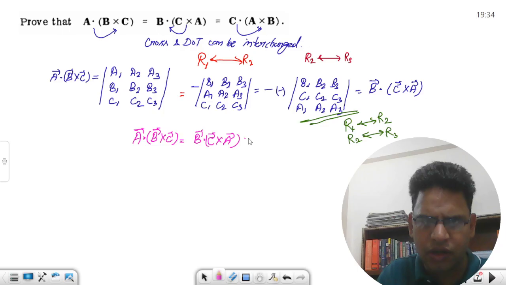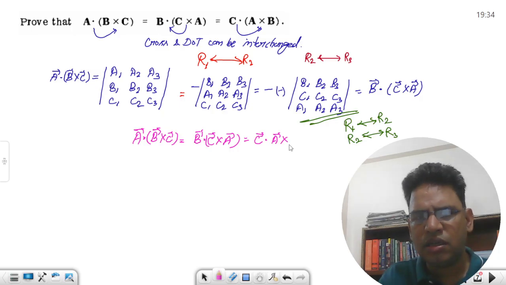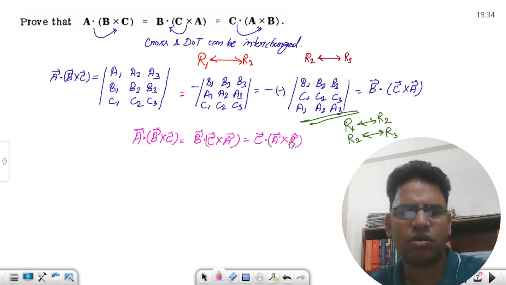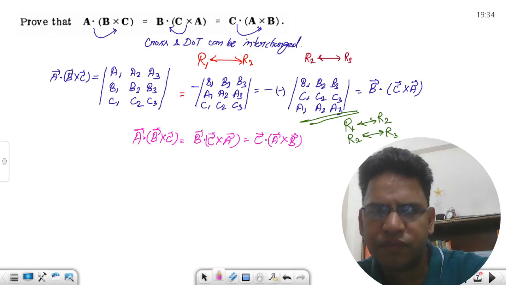You are essentially going to get C डॉट A क्रॉस B. ओके, C फर्स्ट, C गोज अवे, B सबसे नीचे आ जाएगा, तो A क्रॉस B खत्म. You can easily prove it. Not a big deal. This is again important.